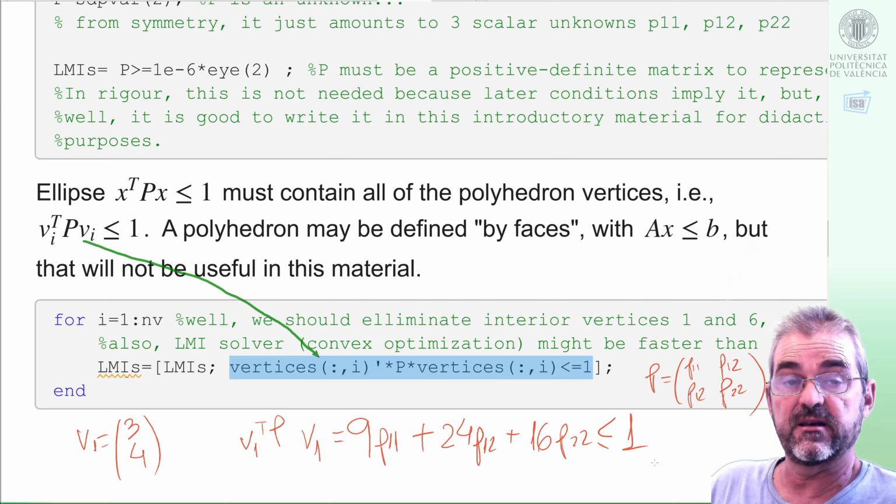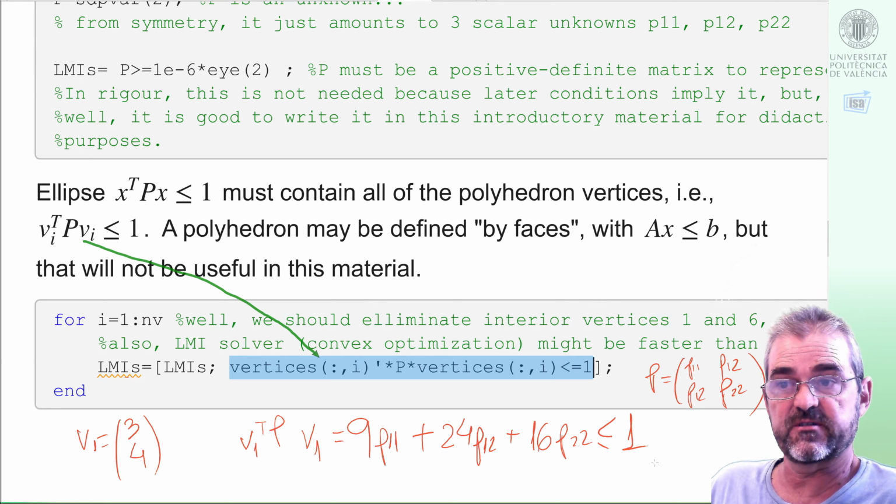In fact, linear matrix inequalities have linear programming as a particular case. Well, the thing is that we get 10 constraints like this, one for each vertex. Actually, we would need just 8 of them, the 8 outer vertices, because as both the polyhedron and the ellipse we are seeking are convex bodies, then if the ellipse contains the outer vertices, then it of course contains all the interior of the polyhedron.